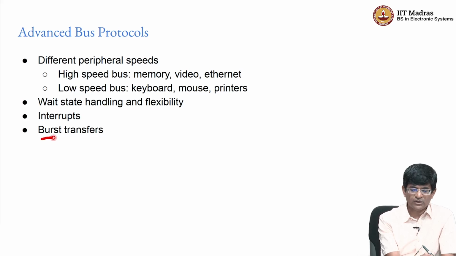There is also the notion of something called a burst transfer, which says that, let's say I want to copy several words of data from one location in memory, either into another location in memory itself or from one location in memory to some peripheral.